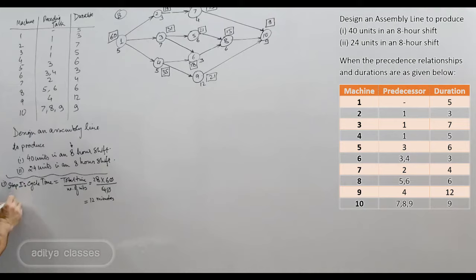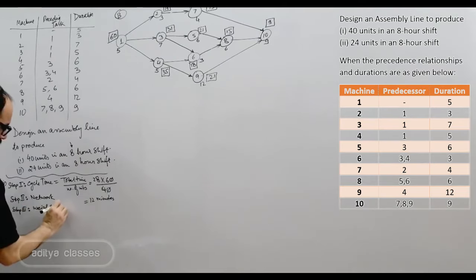Step 1 was cycle time. Step 2 was network. Weighted times.